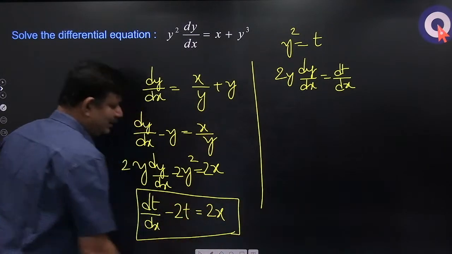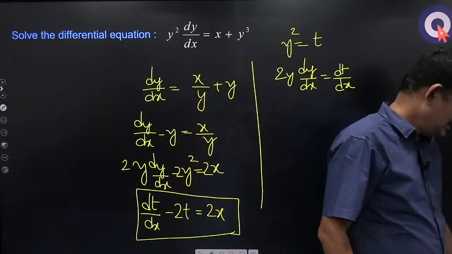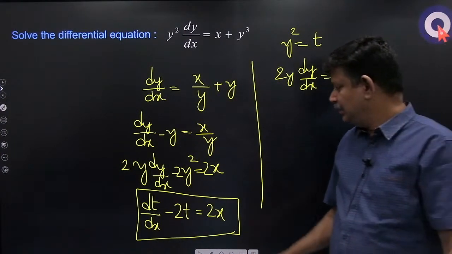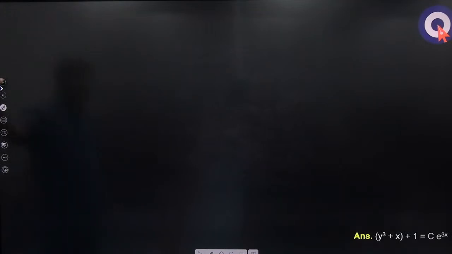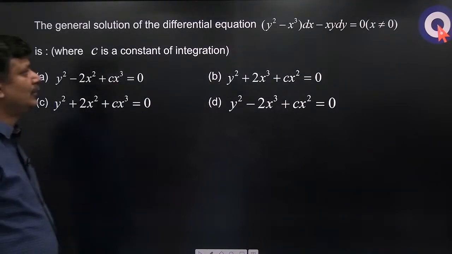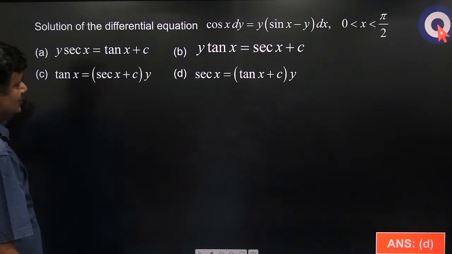This is a simple linear differential equation in terms of t and x. So happily you can solve, and then once you get it, you can replace t by y square. Okay. So this is how you can solve some Bernoulli equations.